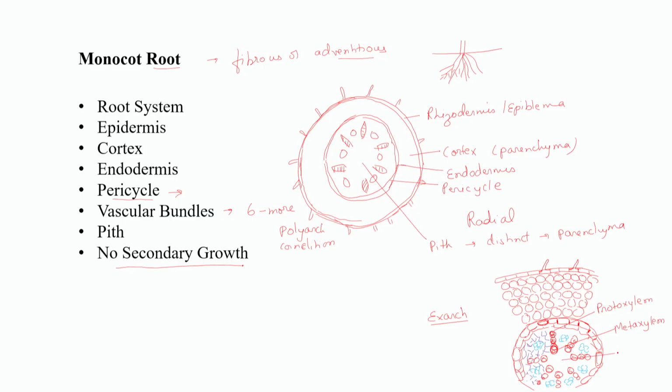Pith will be there in the center, and phloem patches will be there, and in between, conjunctive tissues will be there. This way monocot root will be arranged.